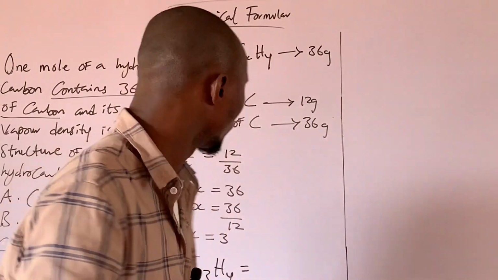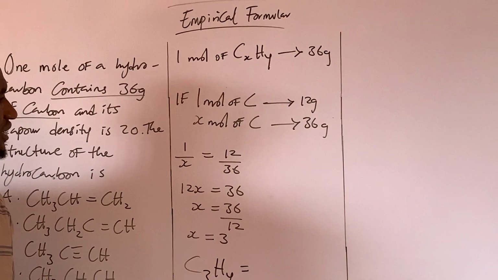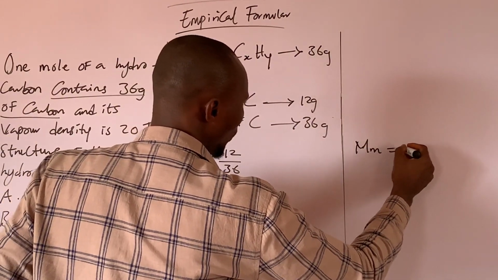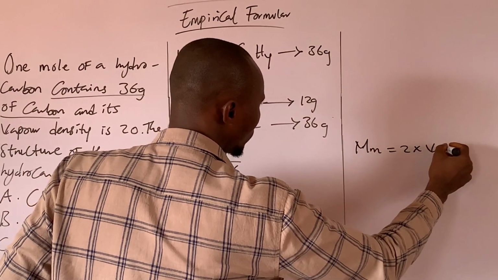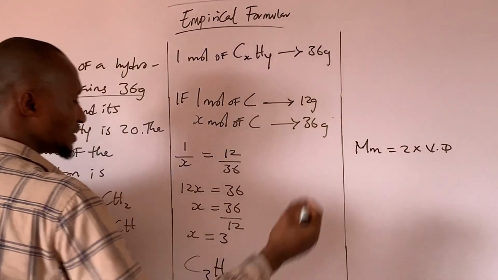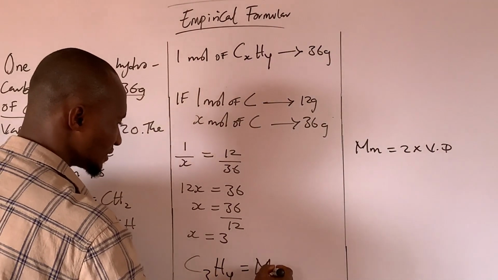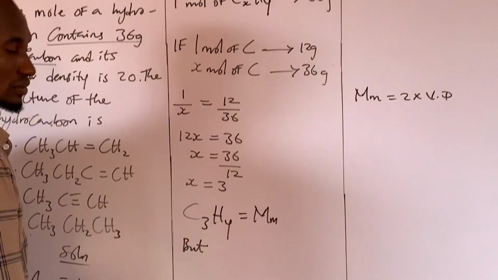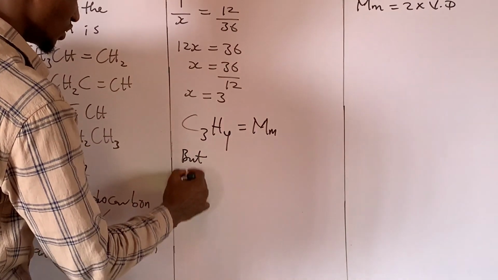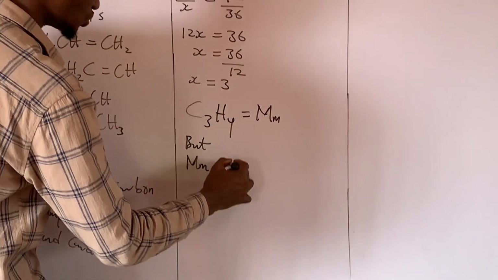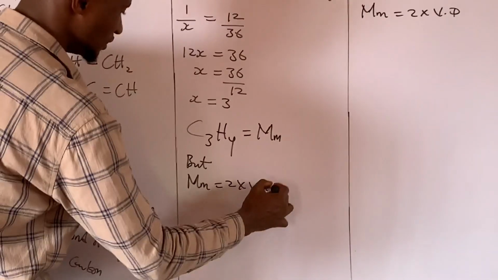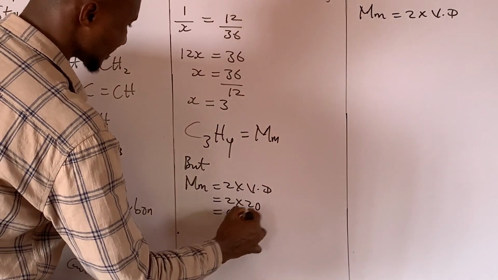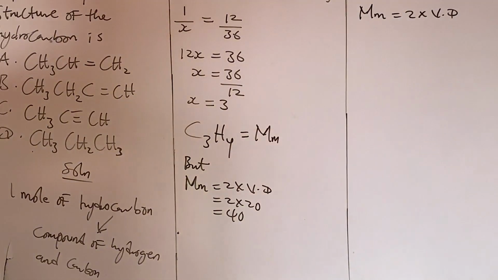Now, don't forget that molar mass is equal to 2 times vapor density. This is 2 times 20, which is 40, right?